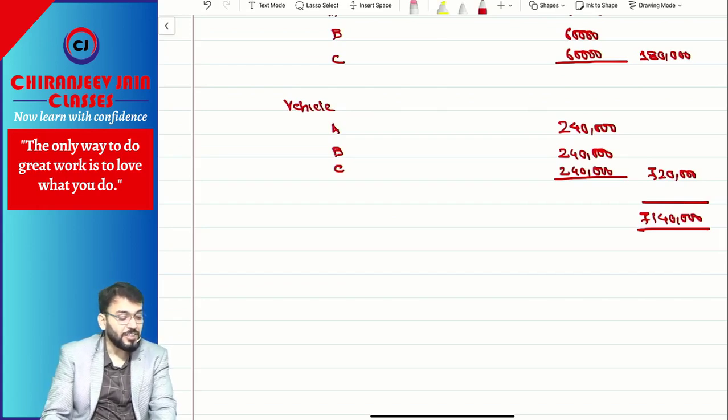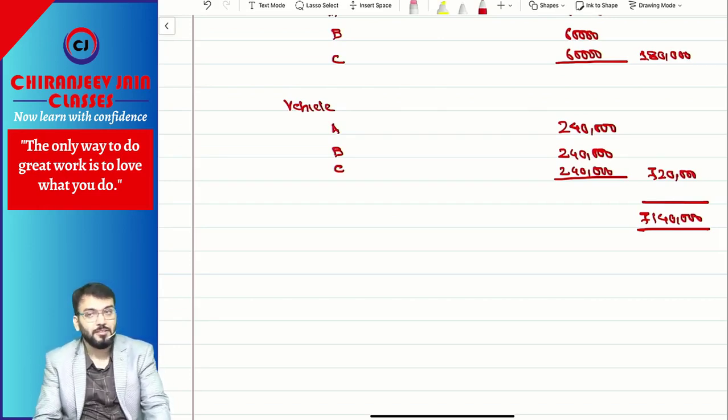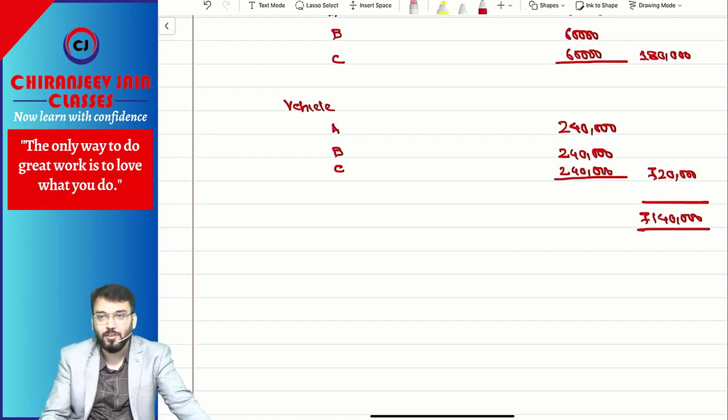Now for each venture they have asked for the extract of P&L and the extract of balance sheet. Oh my god. They will not ask this much. If this question comes, it should be of 14 marks, but they will not ask 14 marks from this.